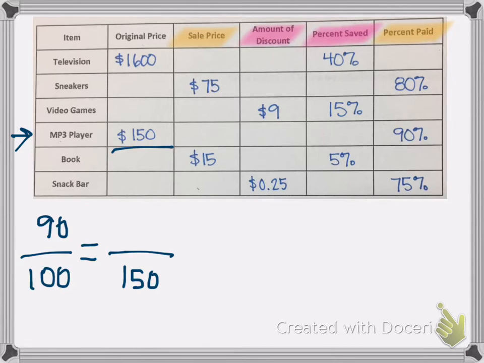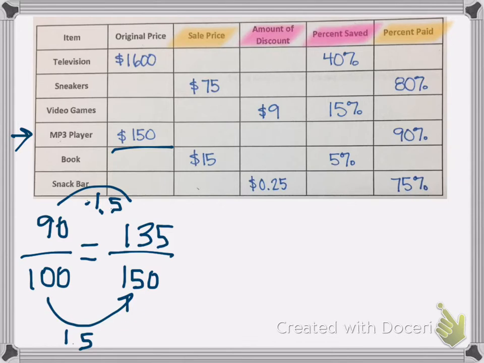And this time I do have a nice, not a bad constant here. 100 times 1.5 will give me 150. And so 90 times 1.5 will be my answer. And that gives me 135.